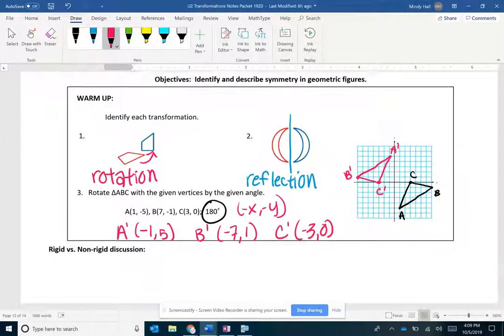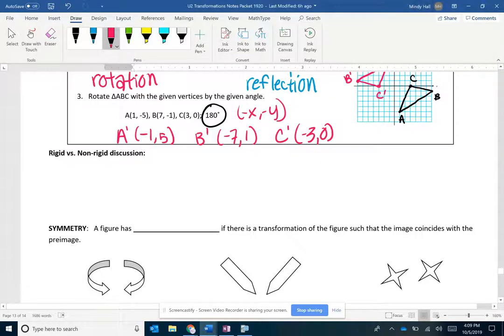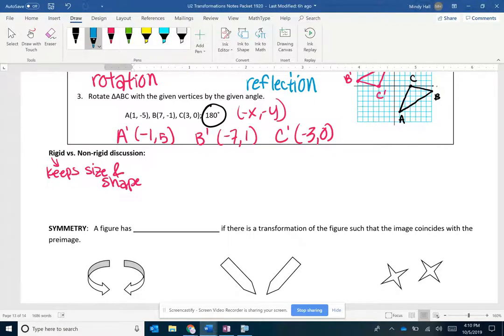So, real quick, rigid and non-rigid transformations is probably what you would expect. A rigid transformation keeps the size and shape of the pre-image, and a non-rigid keeps the shape but not the size.